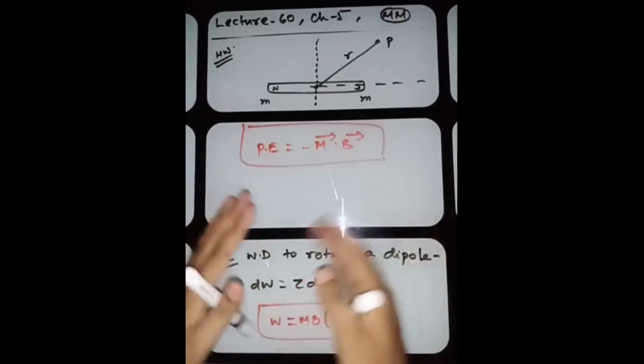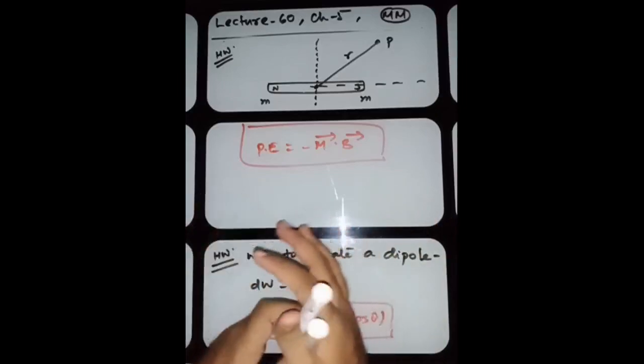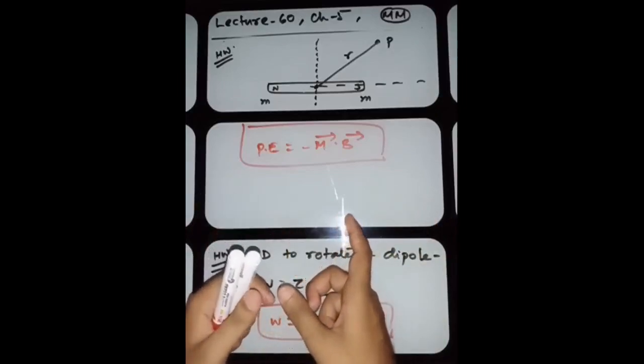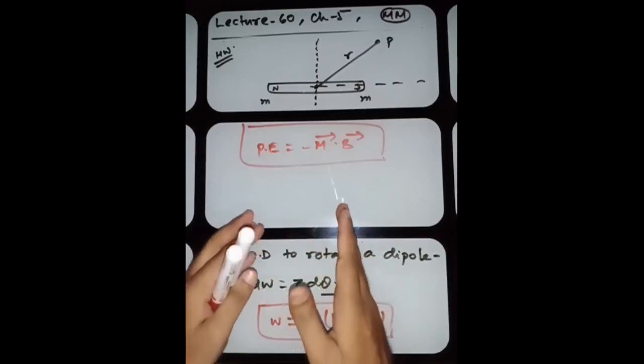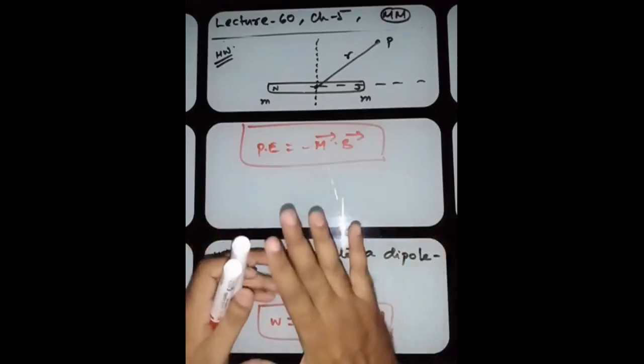Okay. After completing up to here, I will teach you what happens if you place a dipole in a uniform magnetic field, not in perfect stable equilibrium, that is unstable, then it will start rotating.